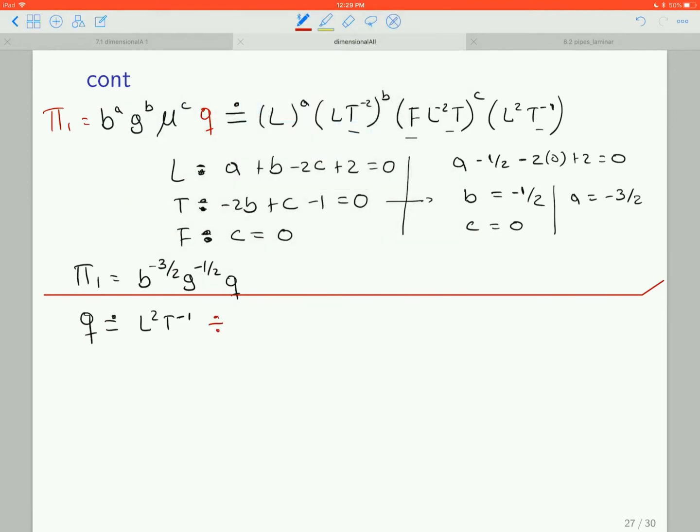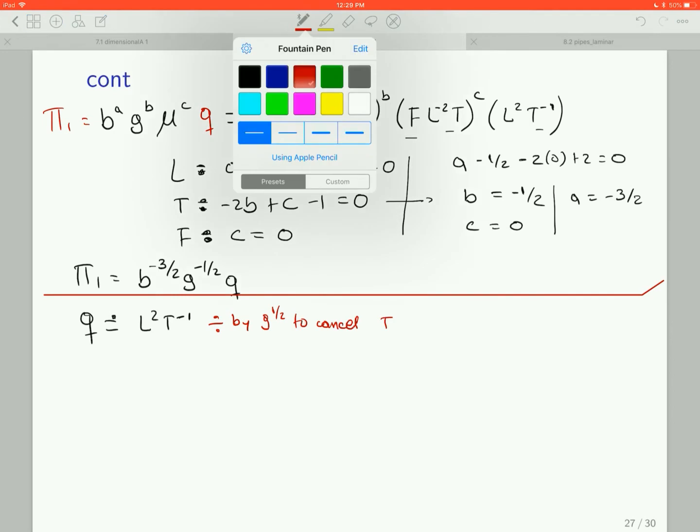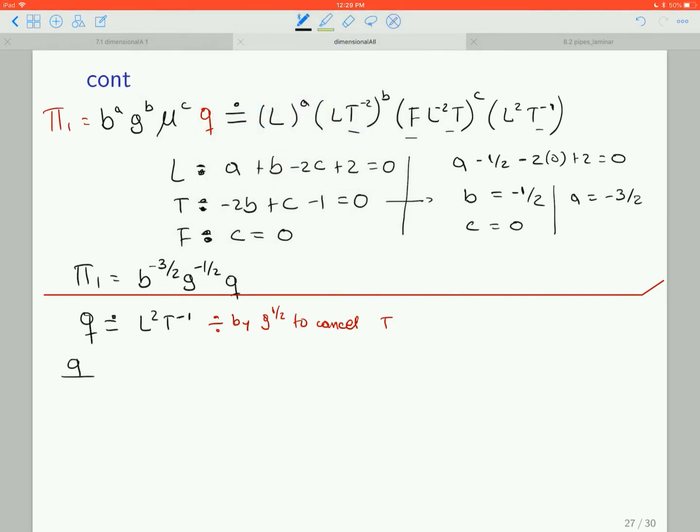So we are going to divide by g to the 1/2 to cancel T. Then we have Q divided by square root of g, whose dimensions are L squared T to the -1 divided by the square root of L T to the -2.